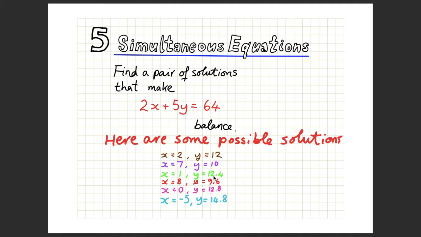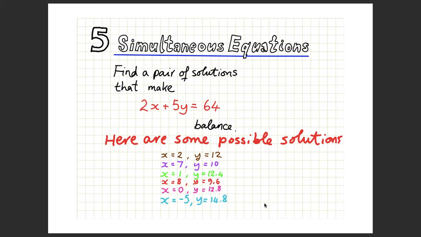So because there's an x and a y, you've got an infinite number of possible solutions. Infinite possible solutions. So just pause the screen and write all that information down, please, including all the different examples and any more that you care to think of.